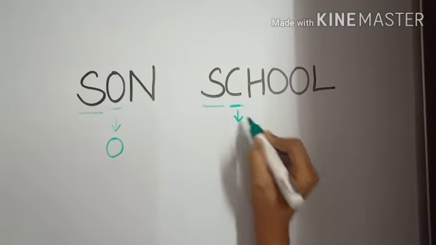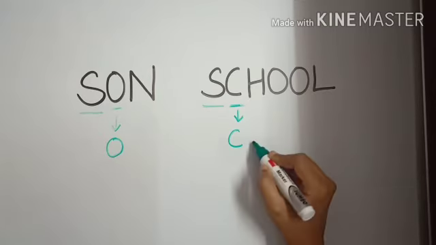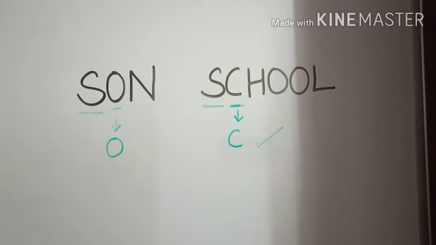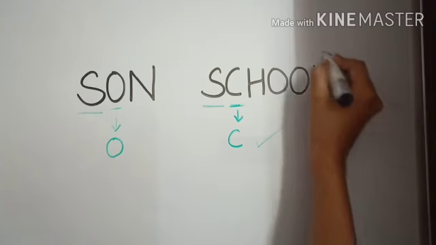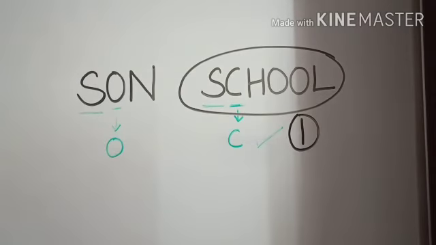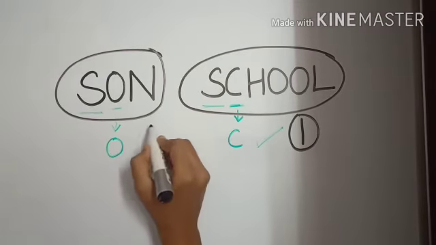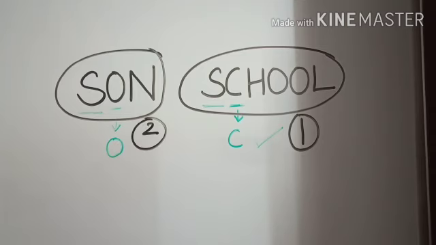It is C. Now tell me children, which letter, C or O, comes first in the alphabetical order? It is the letter C. Therefore, we can say that the word school will appear first in the dictionary and the word sun will come after school.